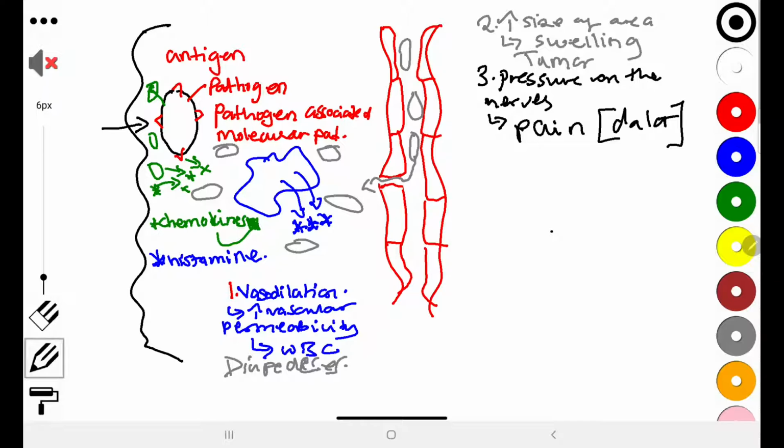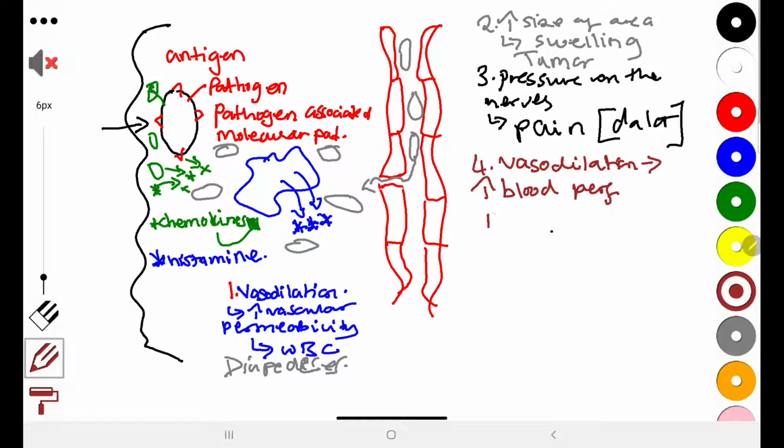Okay, so not only does vasodilation lead to white blood cells moving out, but it also leads to an increase in blood perfusion. Vasodilation will lead to increased blood perfusion.